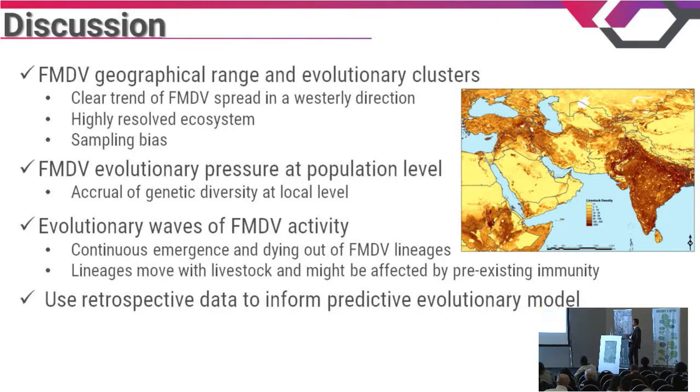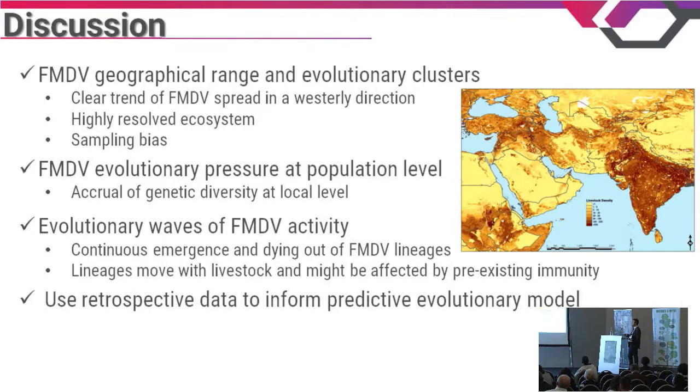And of course, we know that the Middle East experienced evolutionary waves of FMD activity, a continuous emergence and die out of FMD lineages that are periodically circulating and periodically evolving between serotypes, but also within serotype between sublineages. This could be even more related to the livestock system and the movement of the livestock population across the region, and that might be affected by pre-existing immunity.